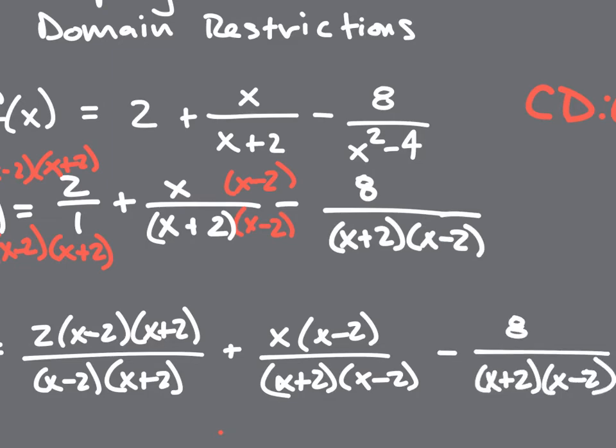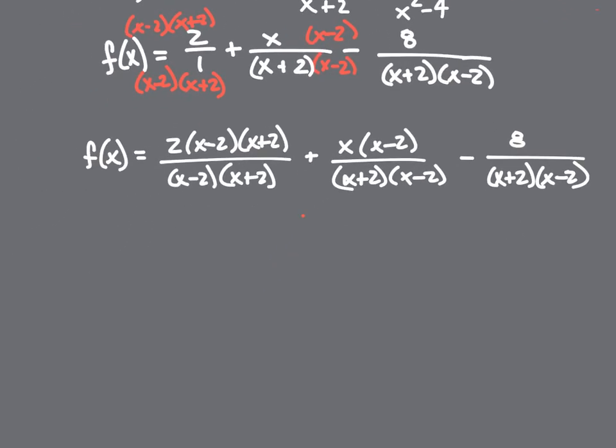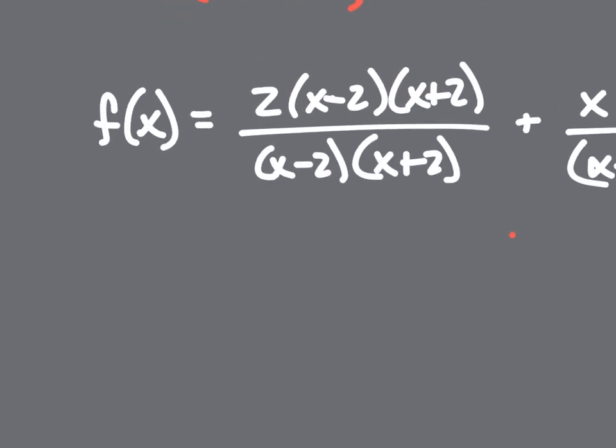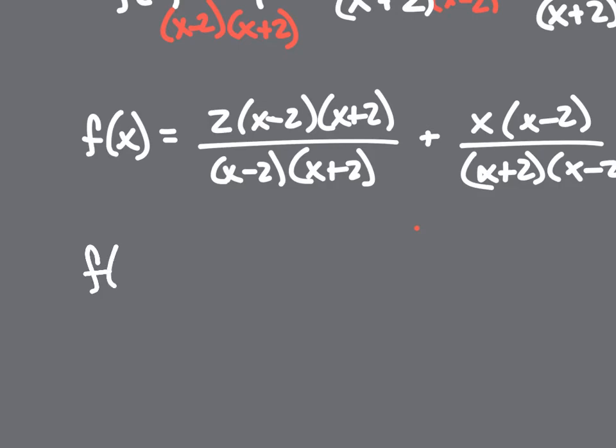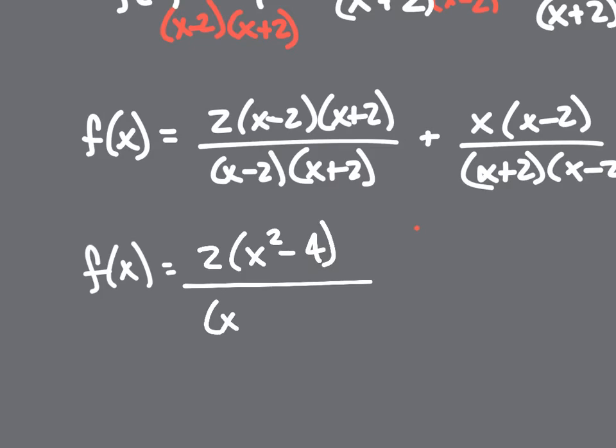All right, so at this point, now that I have all these terms with common denominators, we can do it however you want, but I'm going to multiply out my numerators first, okay? So I've got f of x is equal to, if I do x minus 2 times x plus 2, that's going to give me 2 times x squared minus 4 over x minus 2, x plus 2.